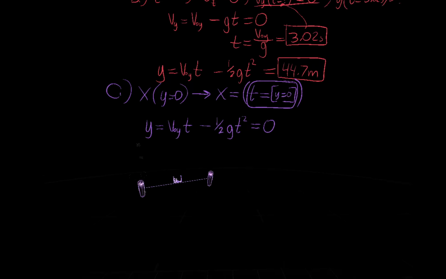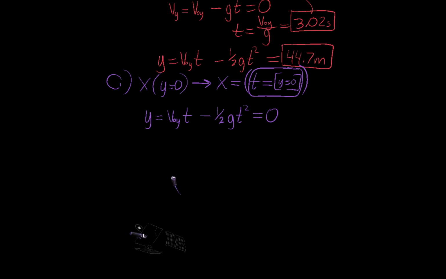So this is a quadratic equation. So t times the quantity v naught y minus 1/2 g t is equal to 0.